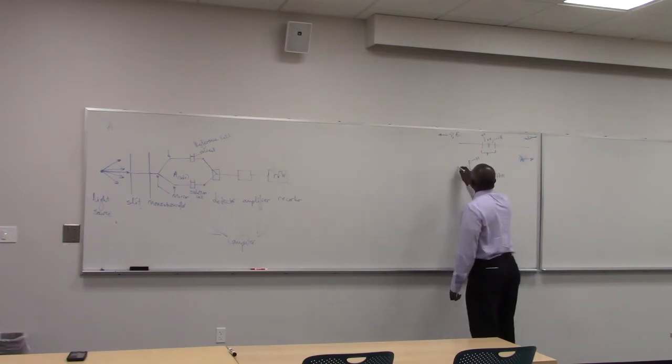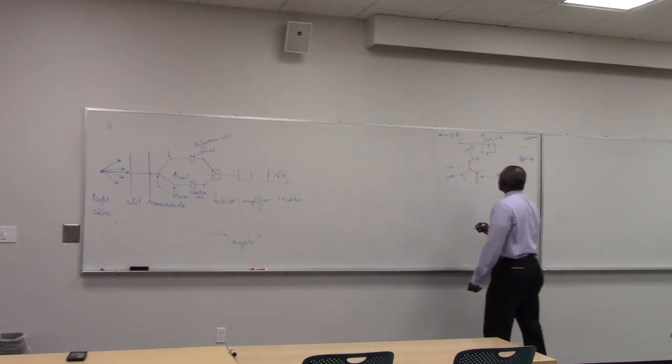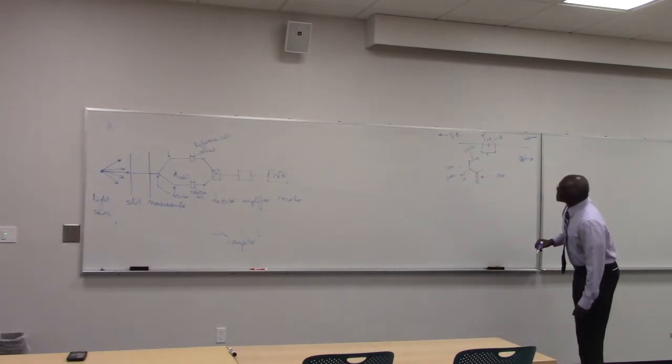I will have the CO at about 1300. I'll have the OH at about 3450. I'll have CH at about 2900, 3000. And that's it.